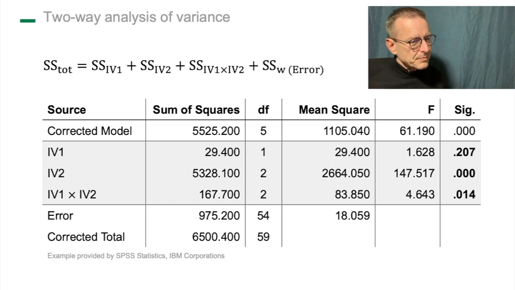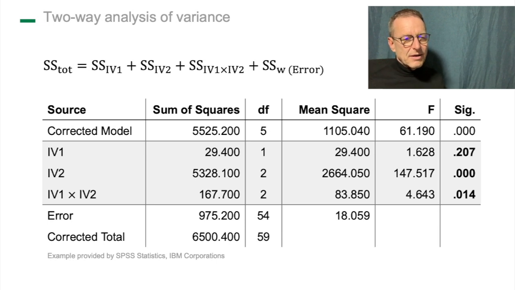You see the effects of independent variable 1, independent variable 2, and you see the interaction, and you see the variance within the error and everything. You see also the degrees of freedom, but most importantly, you see the F values and you see the significance level.